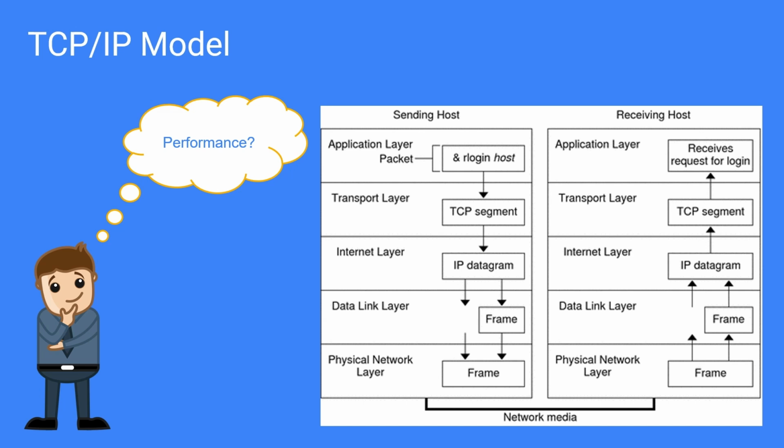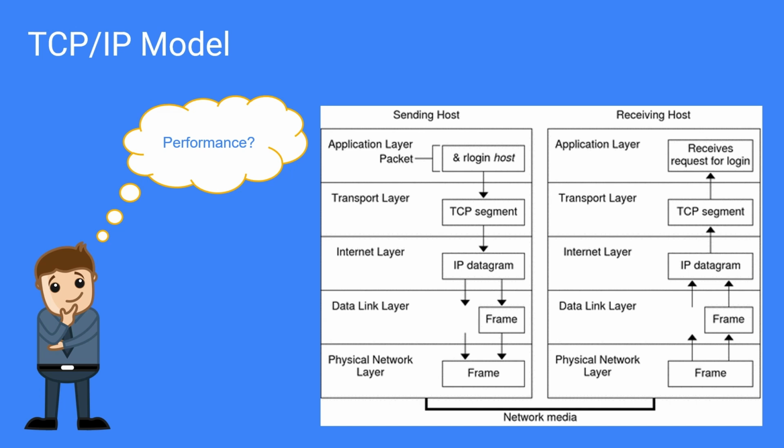So the sending host starts sending the request to the server. So here the sending host is a client and the receiving host is a server. So from the client we are sending a request to the server for a login. So how that is going to travel on the client's machine, which will be named as sending host, and how it is going to be interpreted by the server on the receiving host side.